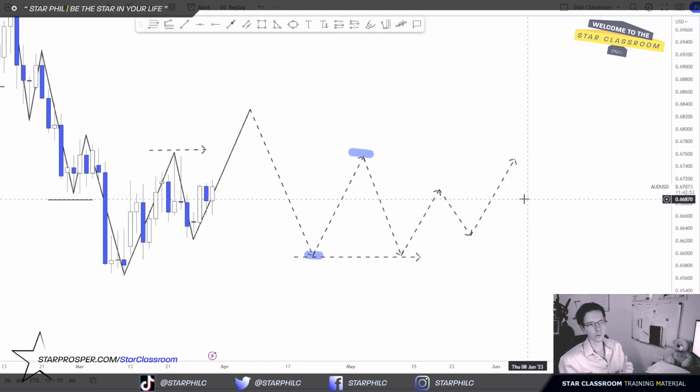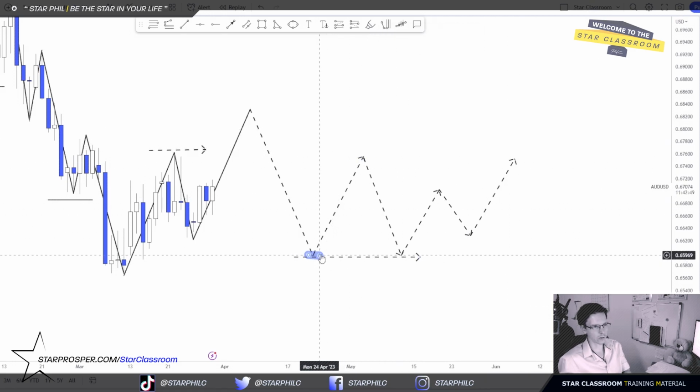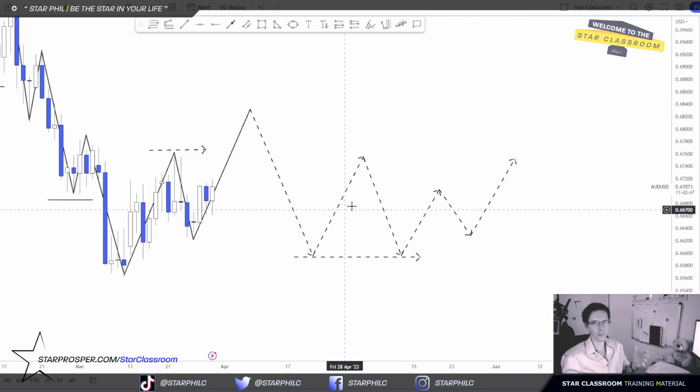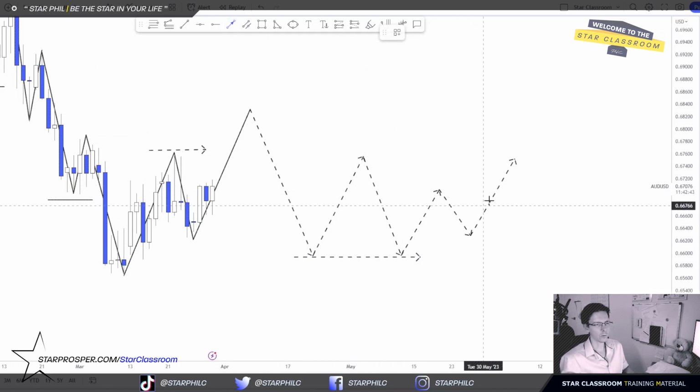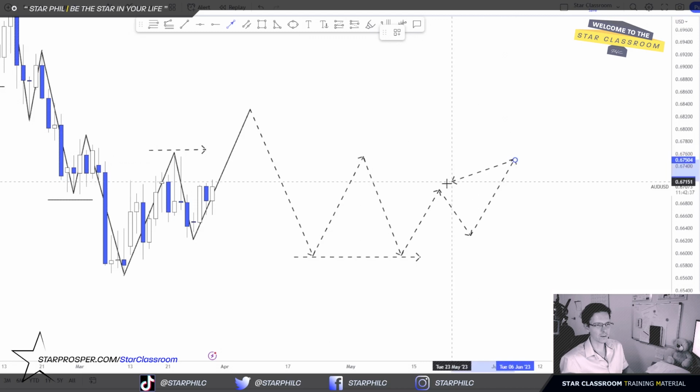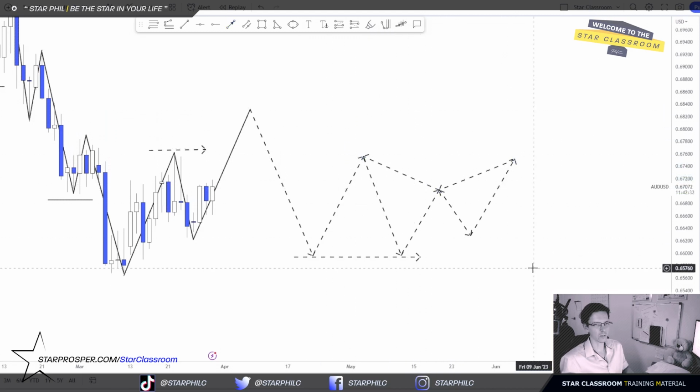Now I don't want to get too advanced right now, but if a lot of you already follow me, you know that I'm a pattern trader. My passion is in patterns, okay? And when this consolidation happens, we get pattern setups.